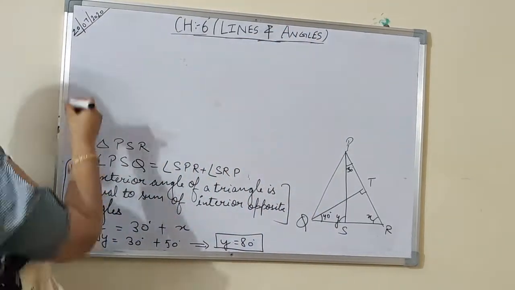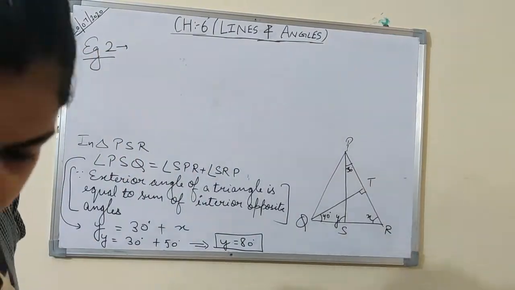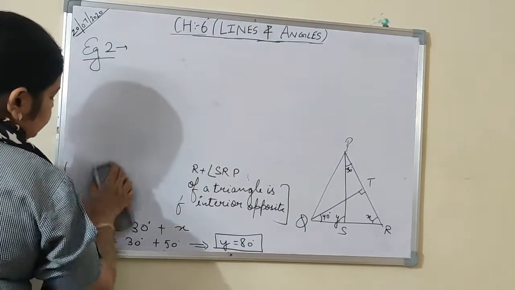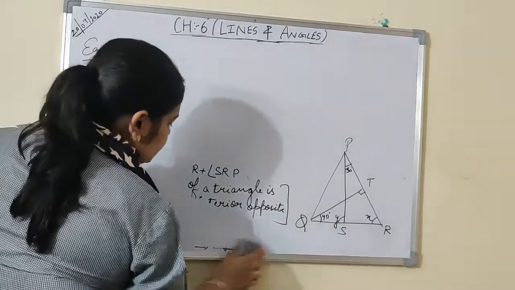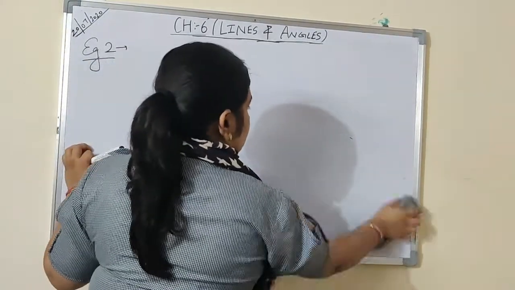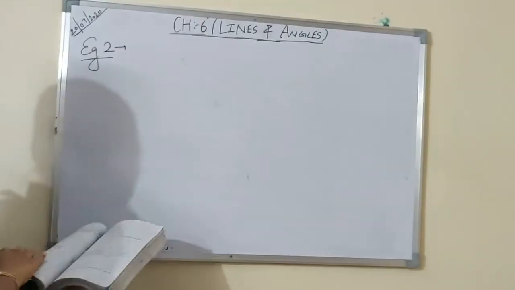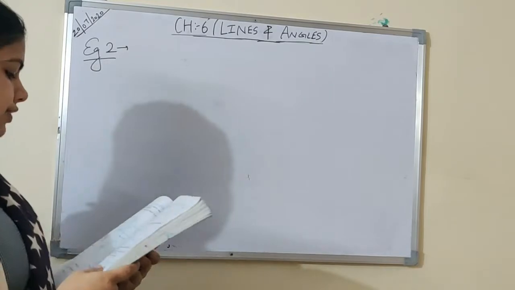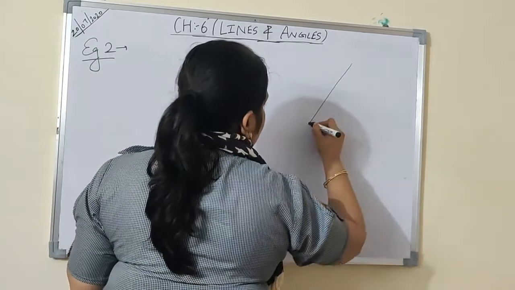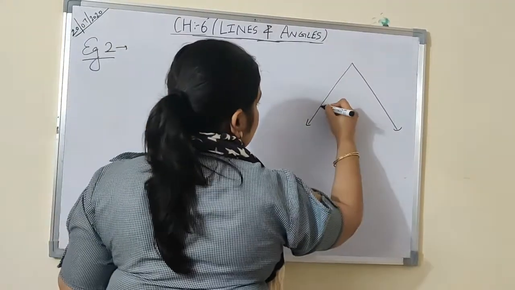Now, this example is on the basis of these theorems only. The only difference is this time we have to prove the question according to the given condition. So I am reading the question first. I am drawing the figure first so that it will be clear to you what the question is regarding this figure.